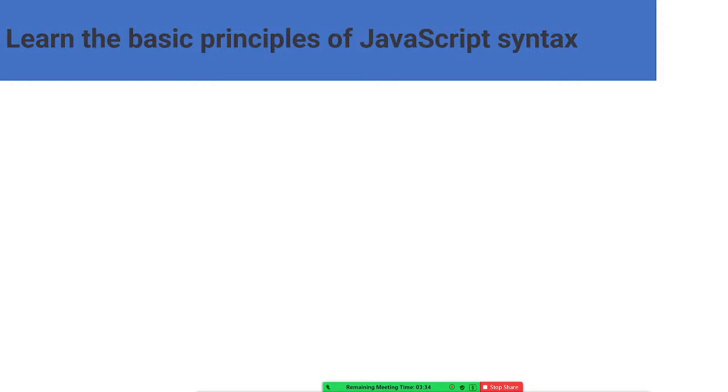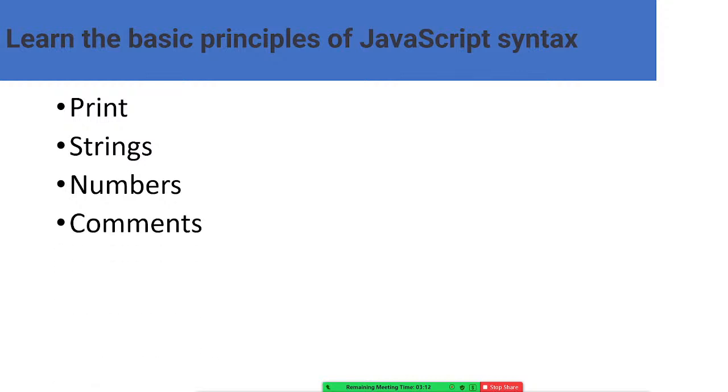Now I will discuss the basic principles of JavaScript syntax, so that you can easily understand the functions, variables, or numbers. Then it will be very easy to learn the Google Earth Engine platform. First of all, I will discuss print, then string, then numbers, comments, list, dictionary, then function.